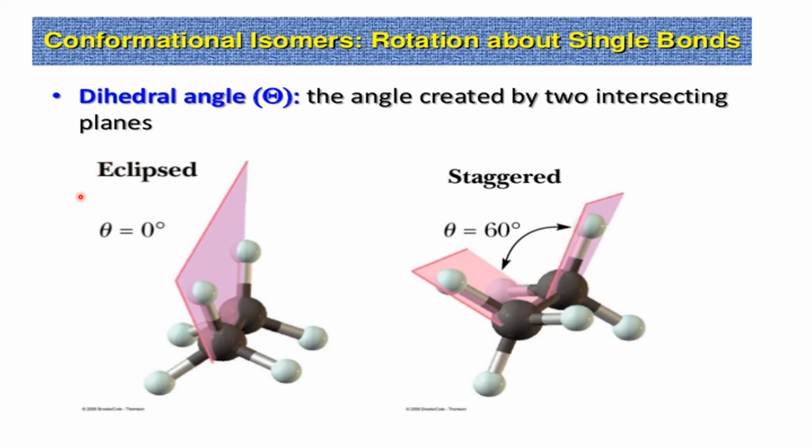For an eclipsed conformation, the dihedral angle theta is equal to 0, because the hydrogen atom of the first carbon atom and the hydrogen atom of the second carbon atom are in a single plane. So the intersecting plane is the same, and the dihedral angle theta is equal to 0.